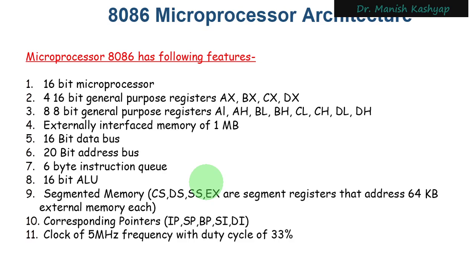In IO mapped input output, we were only making use of the data bus, not the complete address bus. So the lower order address bus was considered as data bus, and it was duplicated there. Since its data bus size is 8 bits, it can address 2 raised to the power of 8, that means 256 input output devices.